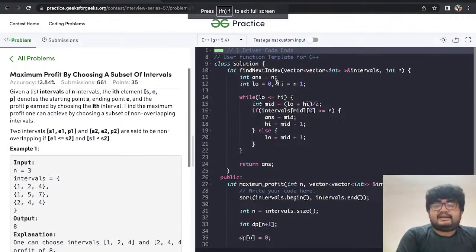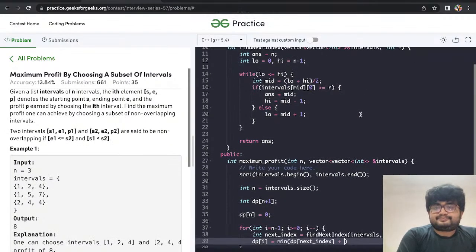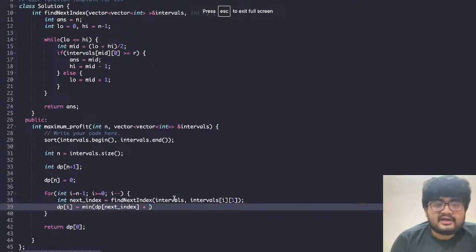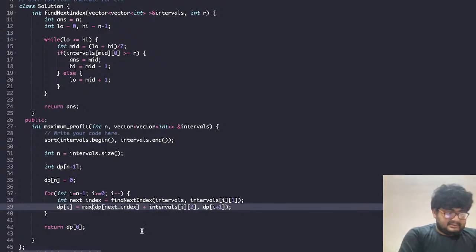Okay, it should be vector of vector. It should be three values. Basically, it should be three values. Intervals of I two, plus dp of next index, comma dp of I plus one, and we want the maximum, not the minimum, right? So maximum, and yep, return dp of 0.